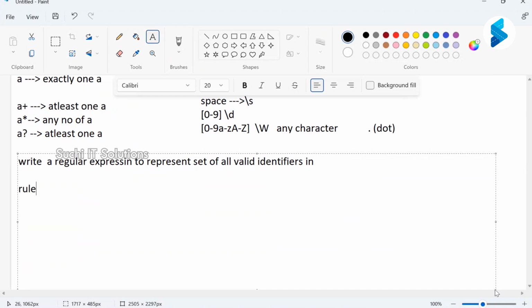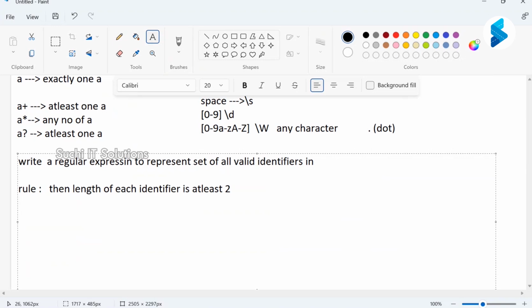Rules: the length of each identifier is at least 2.